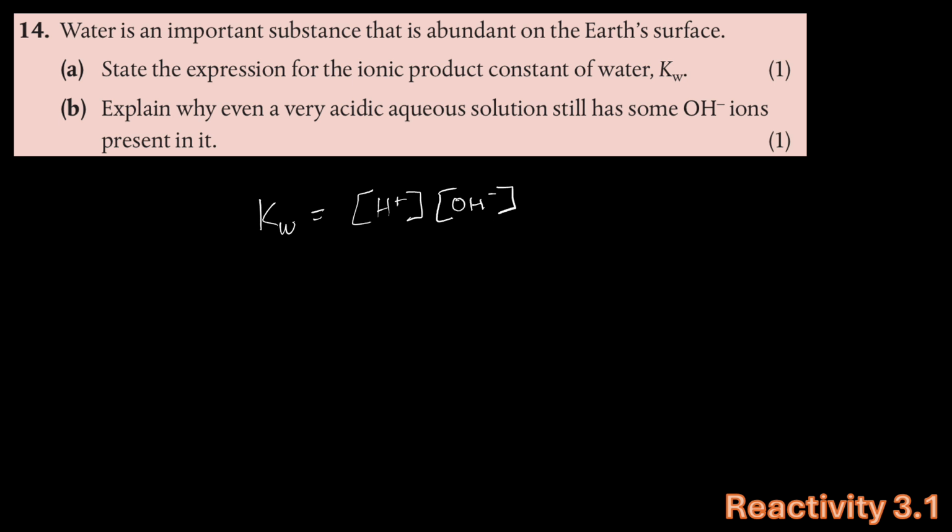Then it says explain why even a very acidic aqueous solution still has some OH ions present in it. So as your concentration of H plus increases, your concentration of OH minus decreases, but there's still some presence in an equilibrium constant. It technically can't go all the way. So there's always going to be some of your products left or some of your reactants left, depending on what side you are on in equilibrium.